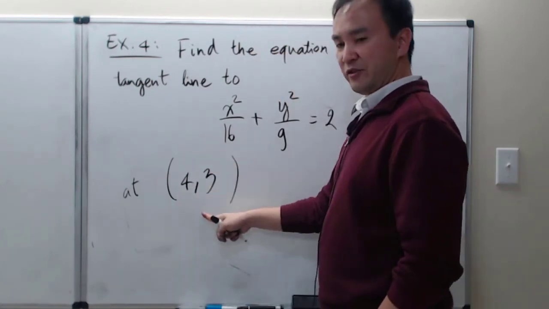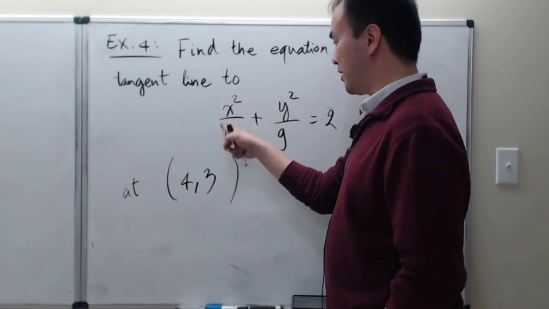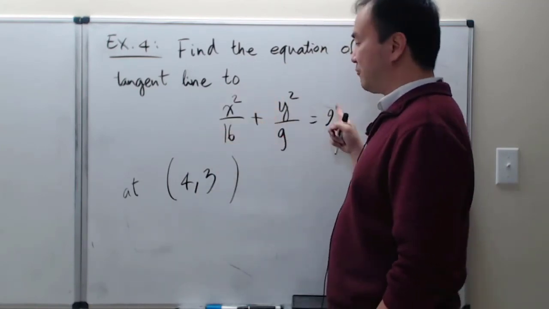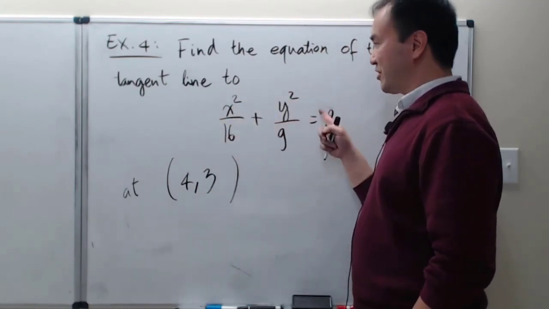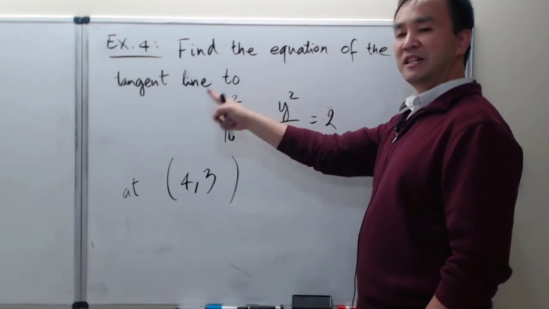This is our tangent point, which exists on the graph of that equation, and we want to find the equation of the tangent line.